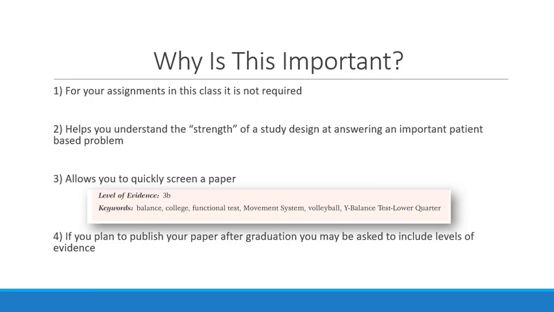Now, the Centers for Evidence-Based Medicine scores also help you to quickly screen a paper to understand it. So, for example, some publishers will require a level of evidence to be published in the abstract of the article. And finally, if you plan to publish your paper after graduation, you may be asked to include levels of evidence based upon the requirements of that journal.